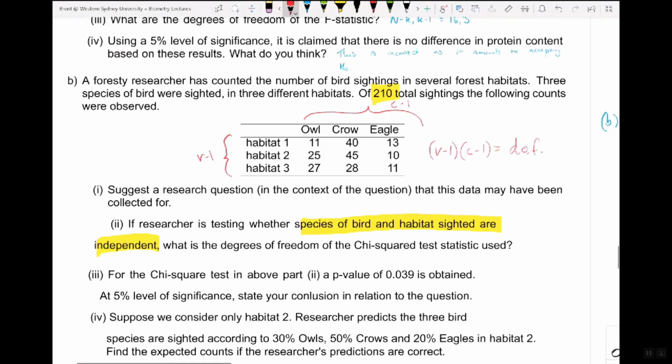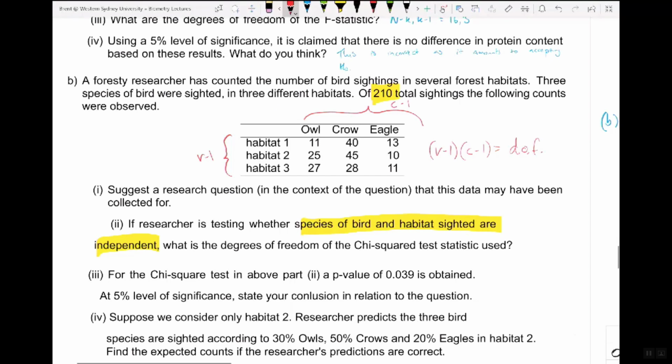Next one. For a chi-squared test in this situation, so doing a test of independence, a p-value of 0.039 is obtained at a 5% level of significance. What is your conclusion? So again, this is one of those cookie cutter questions. I just say, here's my p-value. My significance level was 5%.